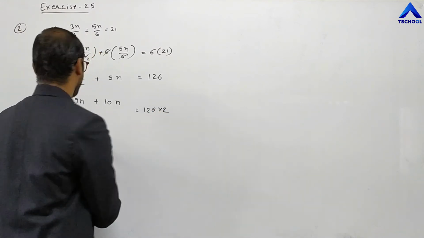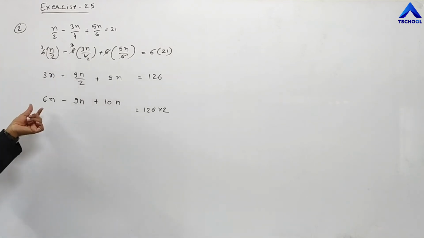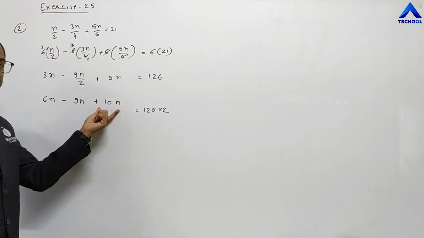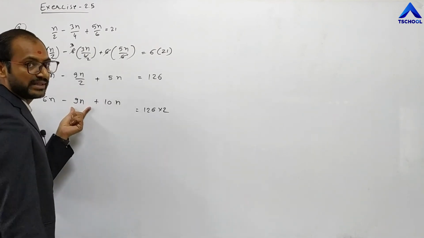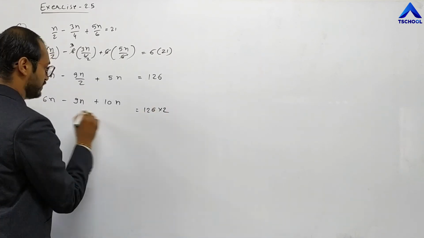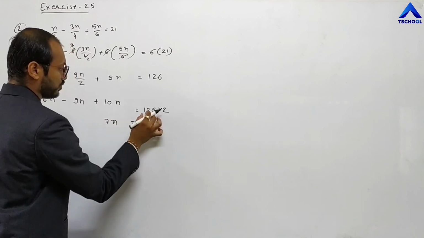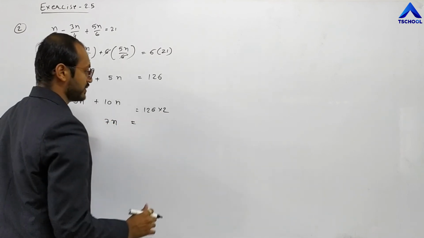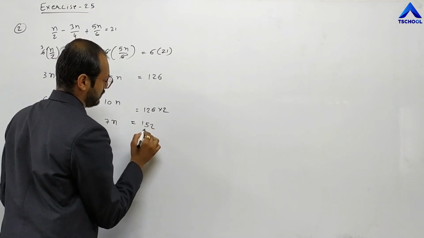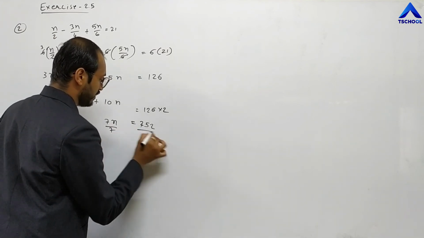Now what is the simplification of n? 6n plus 10n gives 16n, minus 9n gives 7n. So 7n equals 126 times 2, which is 252. Let me divide by 7 on both sides.